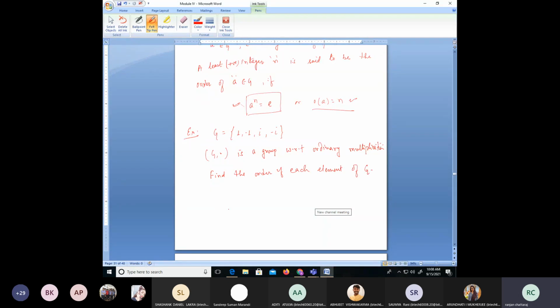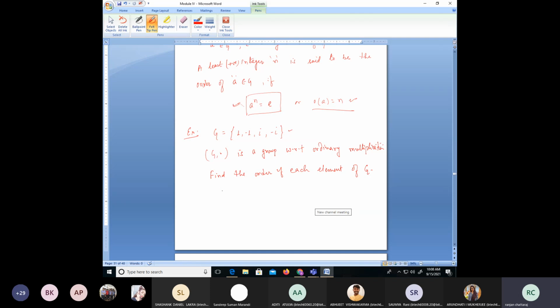Okay. Find it. So first of all, we should check what is the identity element of this. What is the identity element of this one? Sir, 1. Yes, 1, because if you multiply any element with 1, it gives you the same element.